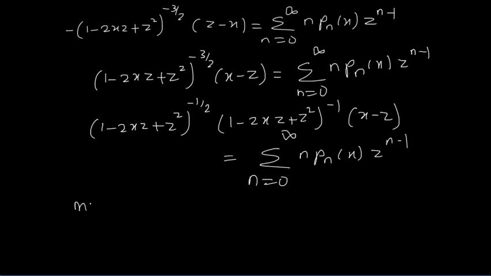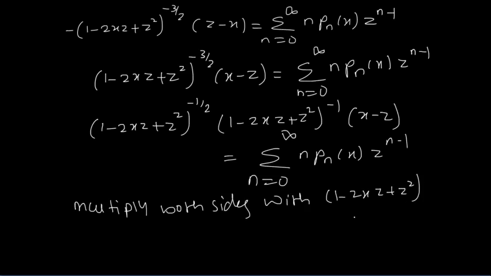So now multiplying both sides with 1 minus 2xz plus z square. Multiply both sides with this term. So then what happened? If you multiply this with this one, here raised to minus 1 and this is raised to plus 1, both will cancel each other.